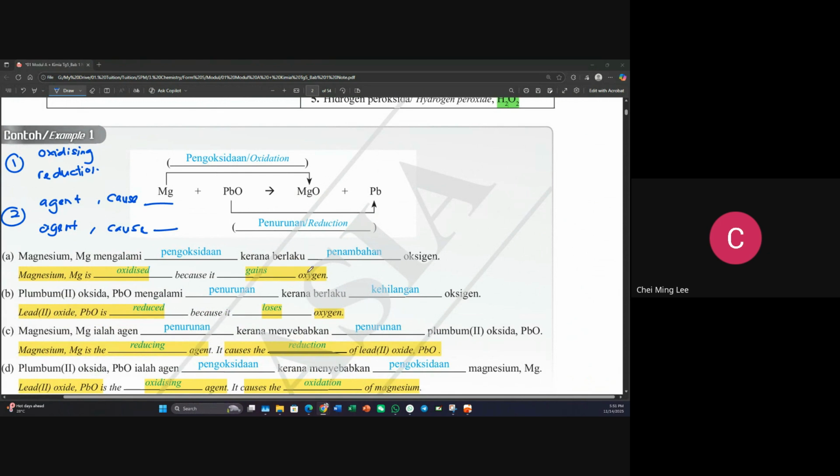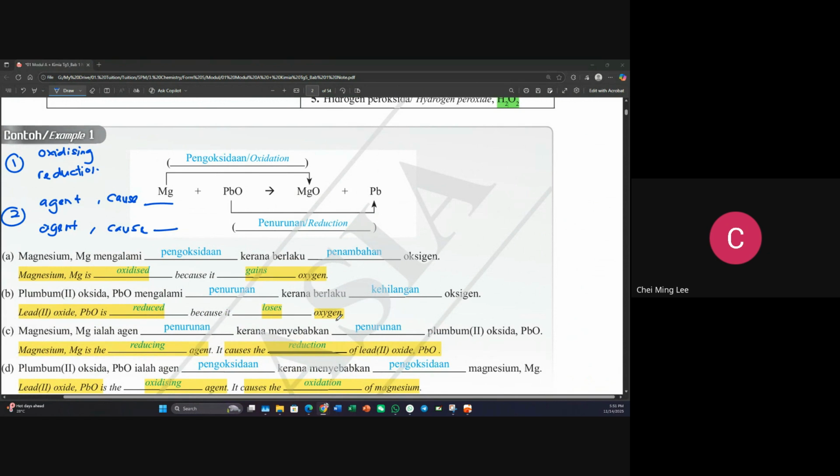Because it gained oxygen. This one gains oxygen, or releases electrons, or releases hydrogen. You check back to the frontal one, which I already went through just now, Cindy. In the frontal one we mentioned the characteristics involved. Now, lead 2 oxide is reduced because it loses oxygen to magnesium.